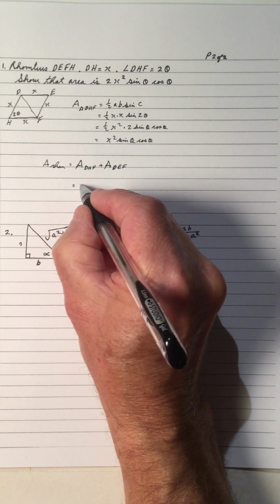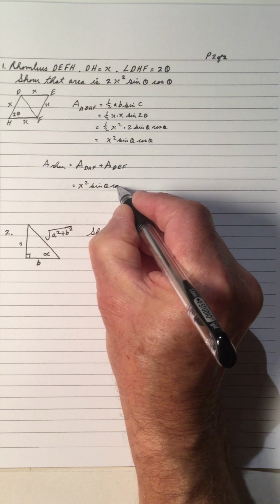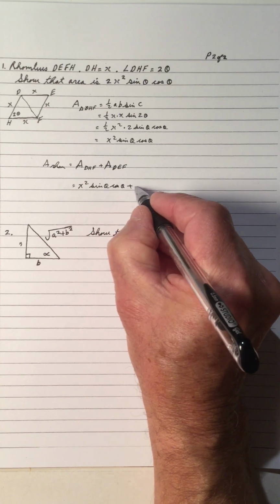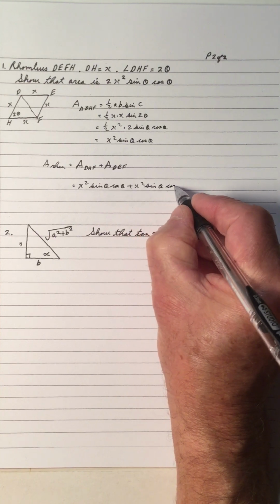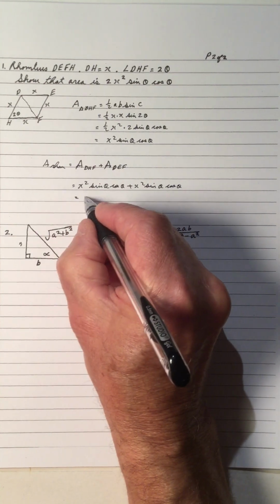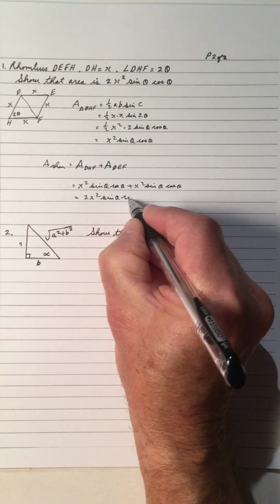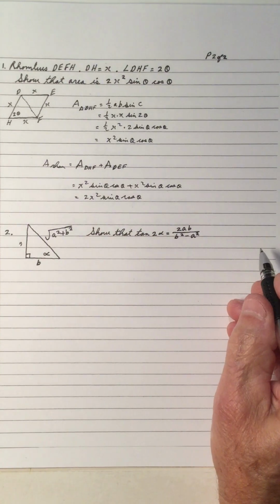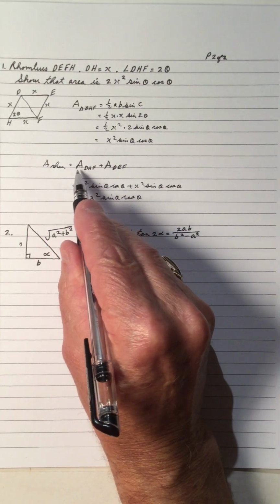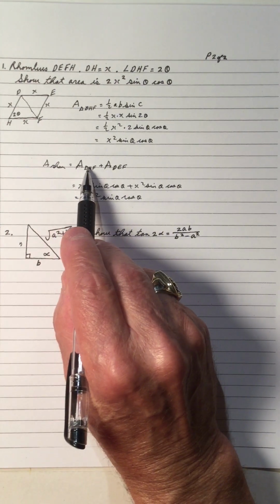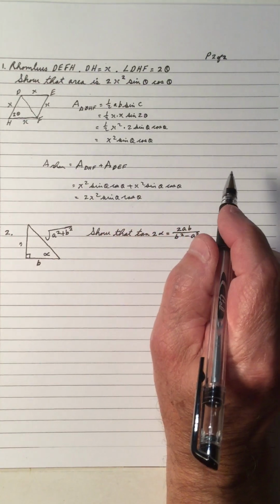The two triangles are congruent, so it's x squared sine theta cos theta, add on the same term again because the two areas are equal, and when we add them together we get 2x squared sine theta cos theta, which is what we have to show. I could have doubled the area of this triangle and put a 2 times this if I wanted to.